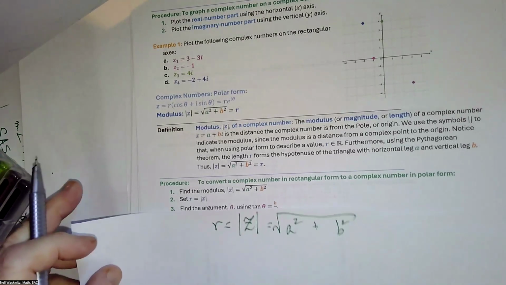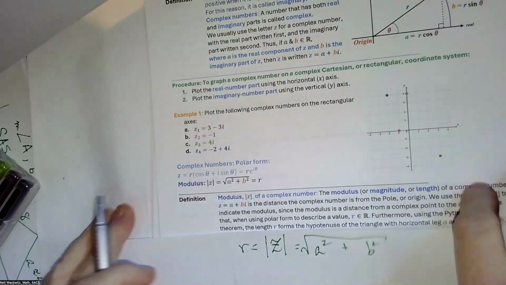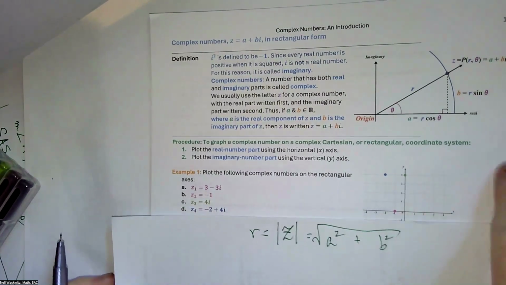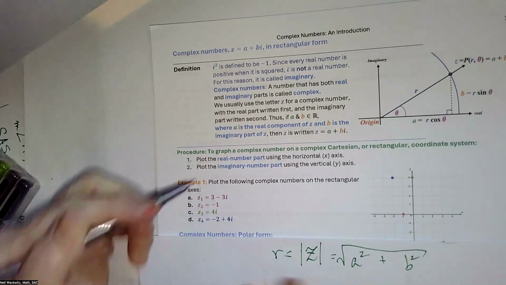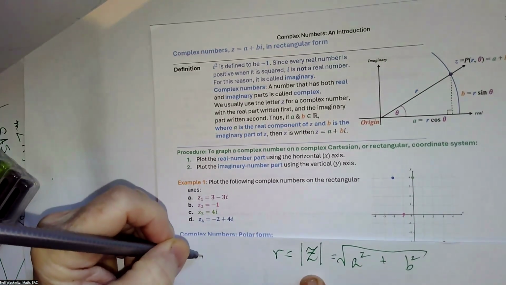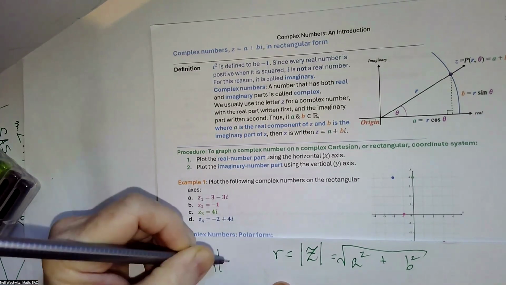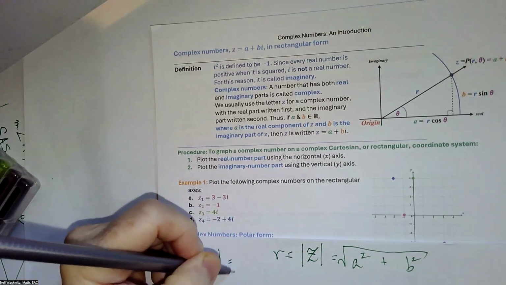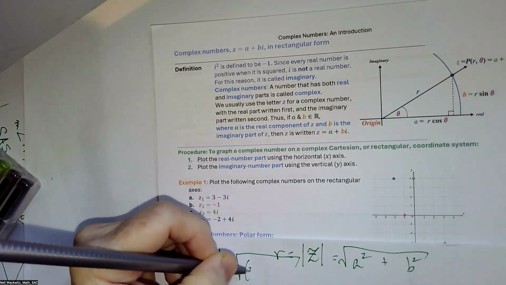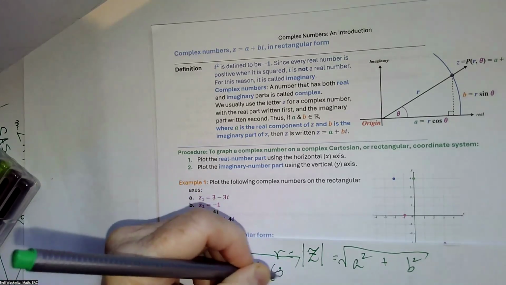So let's find the modulus of these 4 points. For z1, we've got little a is 3, little b is -3.